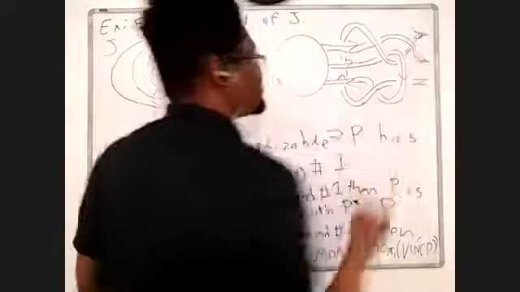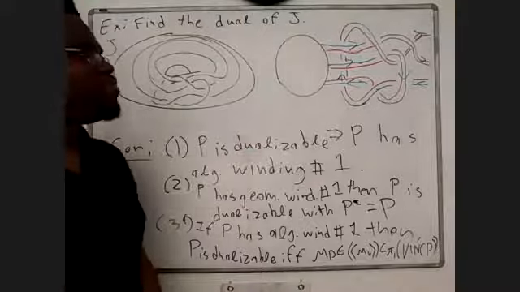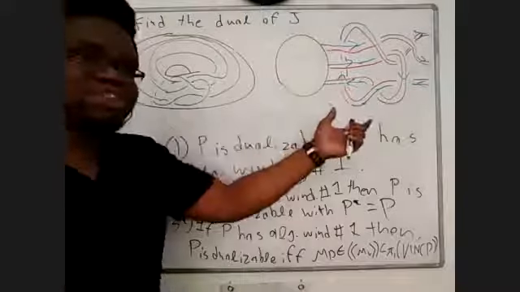There are a few things we have to do here. We want to make sure that this longitude is a cipher longitude, right?